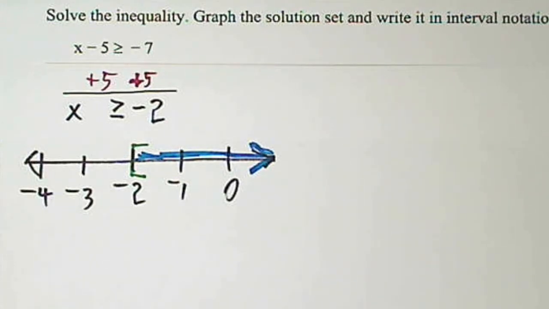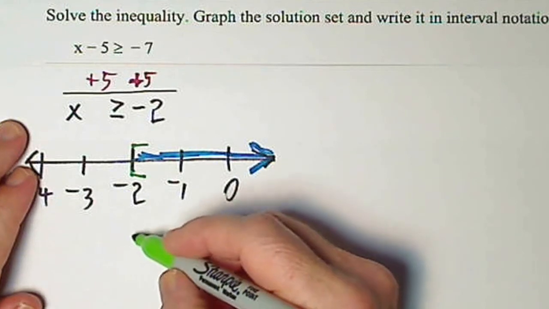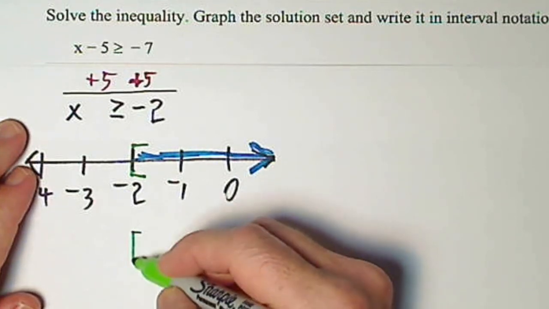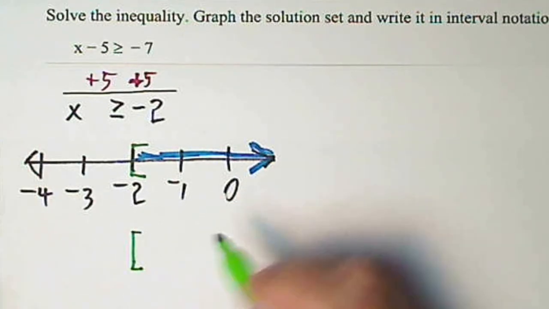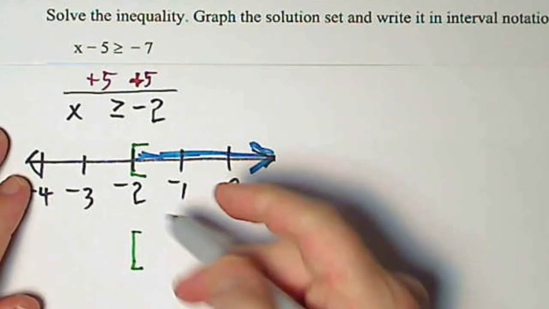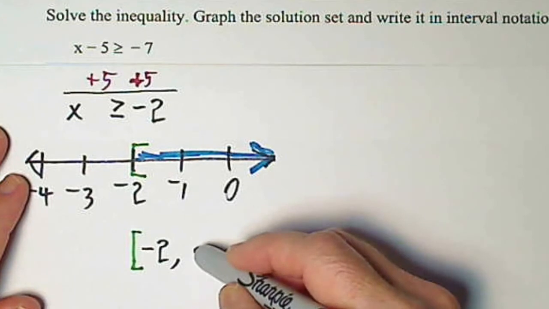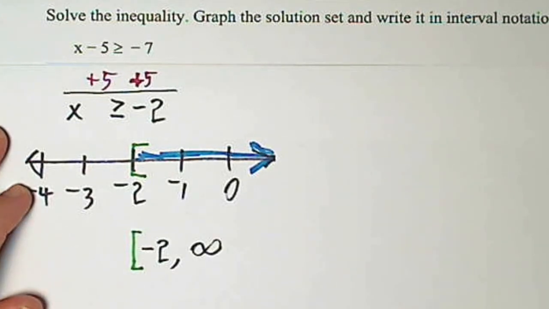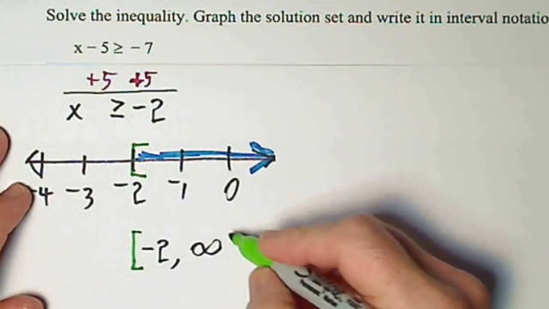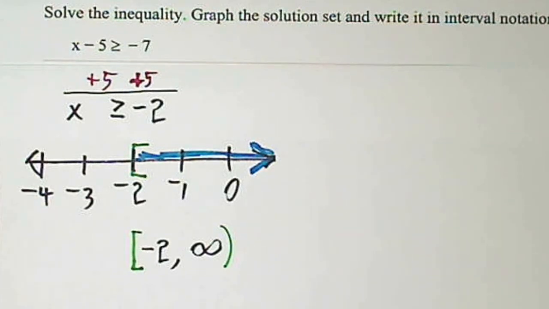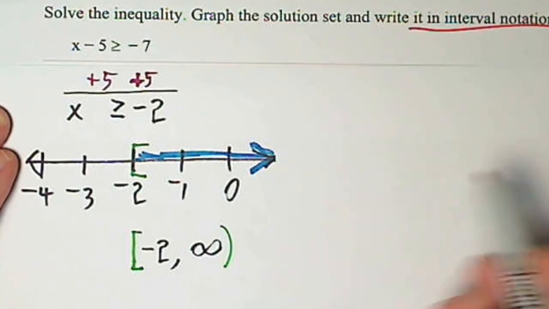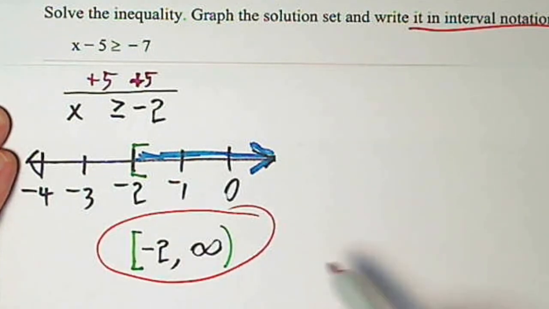And now we're to write this in interval notation. So it goes from -2 all the way out to positive infinity. That's our interval notation.